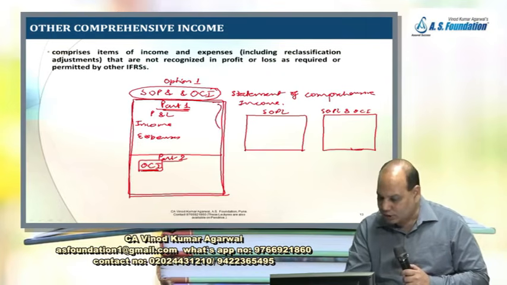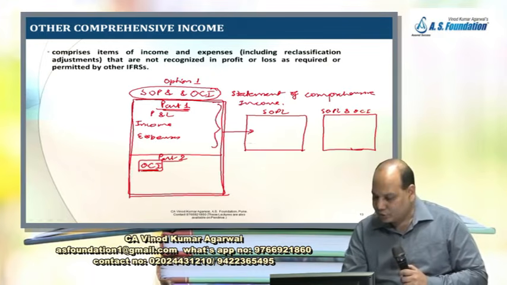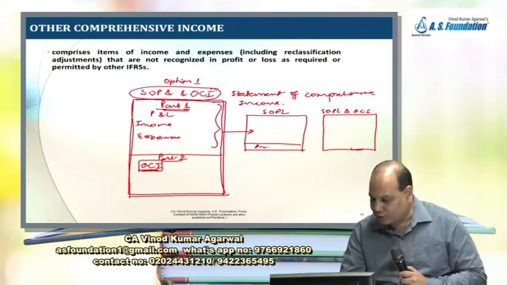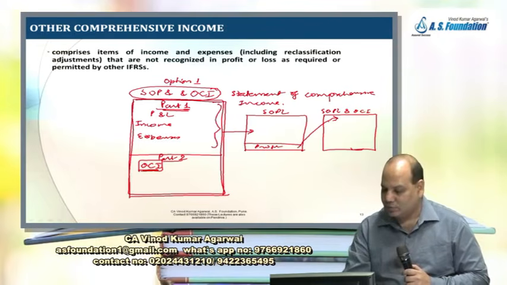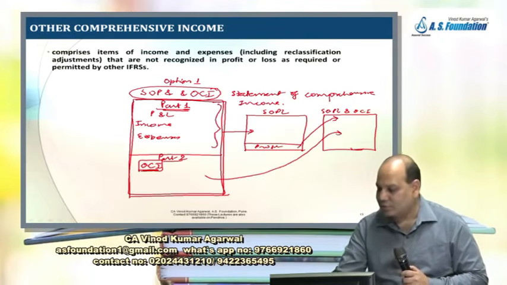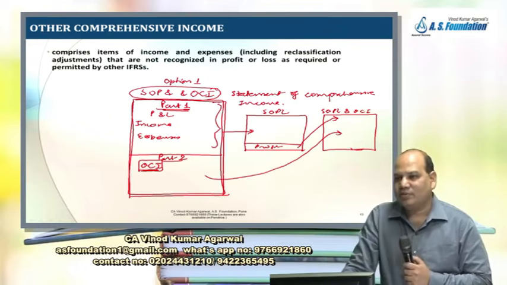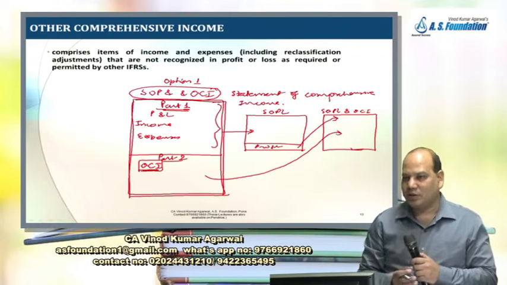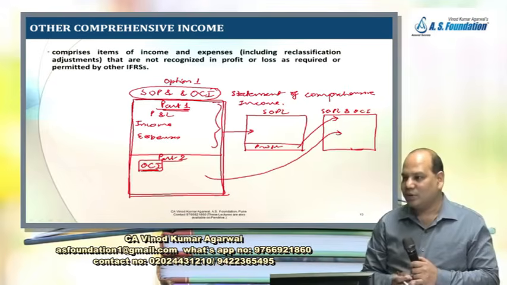So these entire items they will transfer here. The net profit that you will get here will become the first line item here, and these entire items will be transferred here. It's again a matter of just presentation. Figures will remain the same.